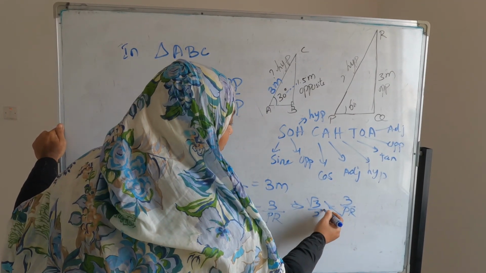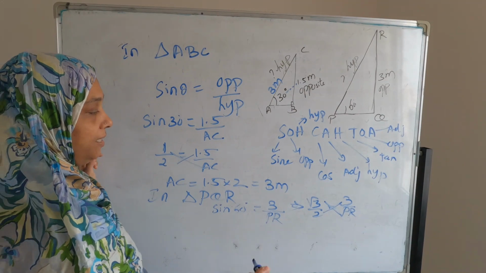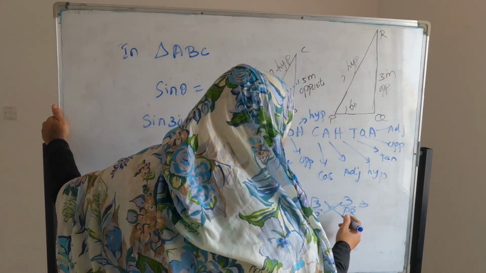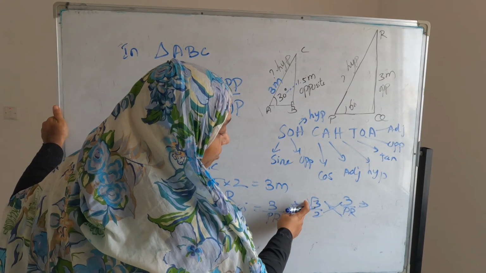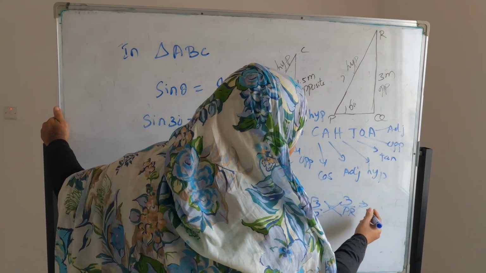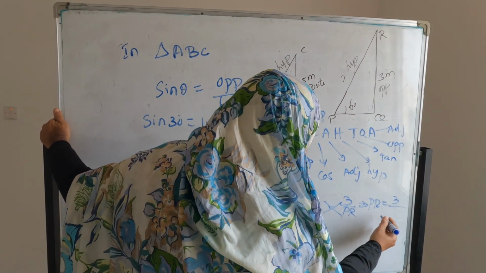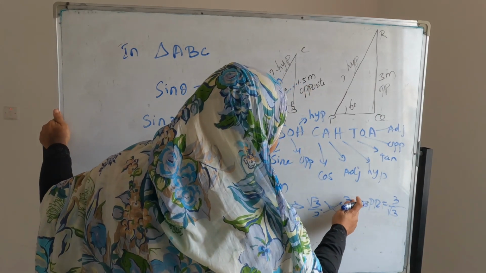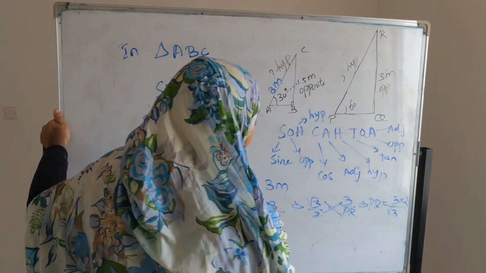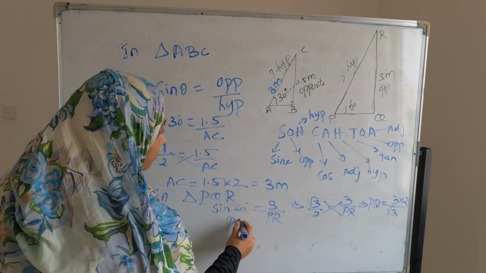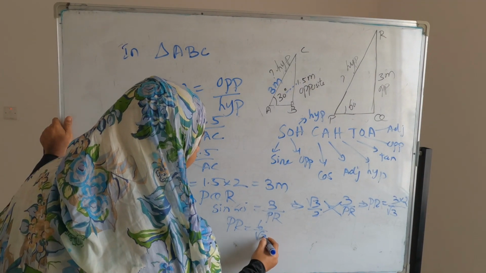Crisscross it: PR equals 3 times 2 by root 3. So PR is 6 by root 3.